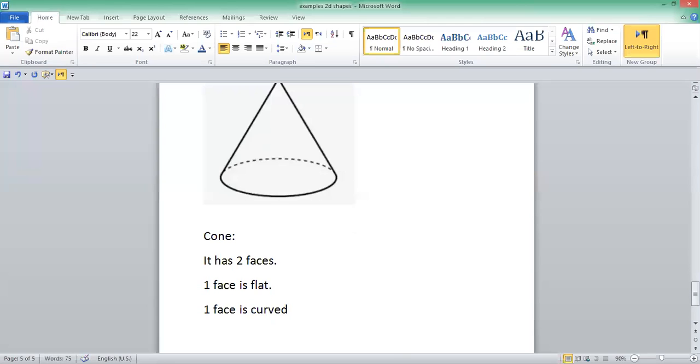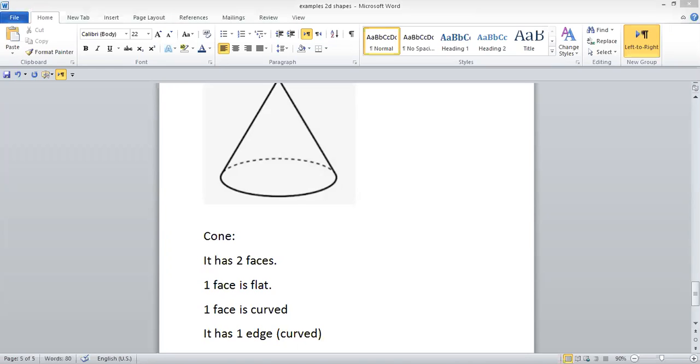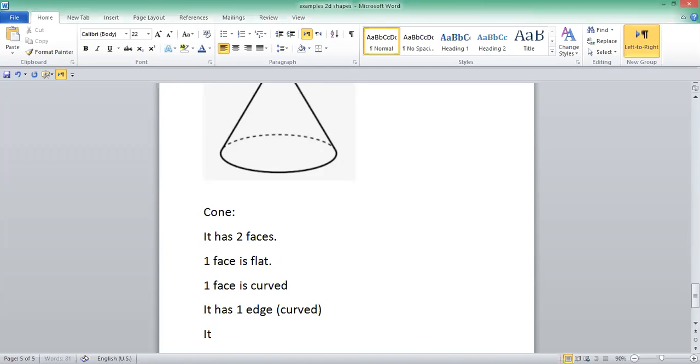And one face is curved. How many edges are there in a cone? There is only one edge. It has one edge, which is curved. And in a cone, we know there is a vertex too, and there is only one vertex.